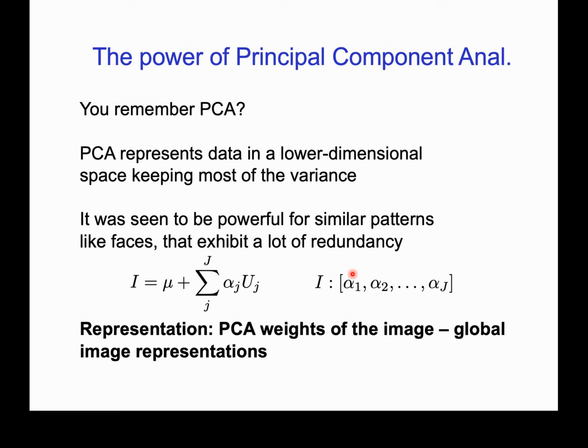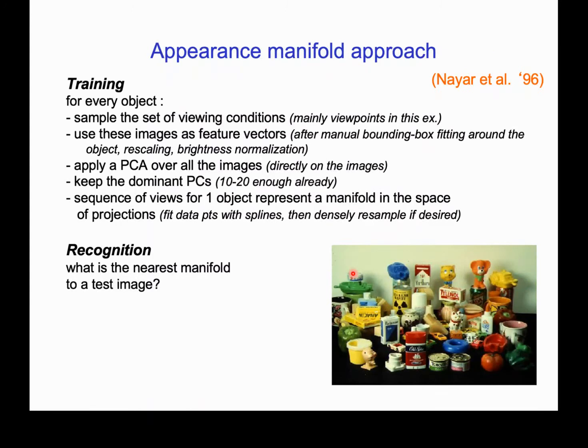So let's see how this is done in one example. The earliest paper that looked into this is by Nayar et al., in 1996. For training or creating a database, for every object that I was interested in, you simply sample a set of viewing conditions, mainly viewpoints in this example, but it can also include illumination.